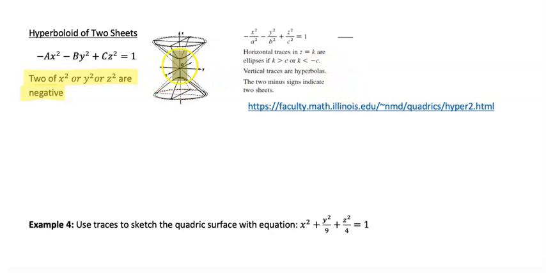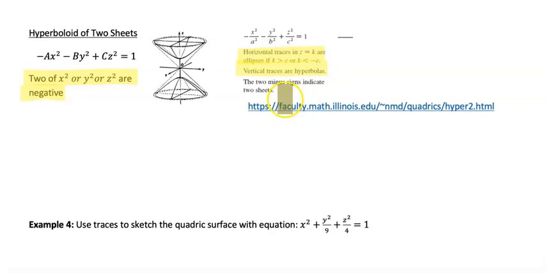That just means that where these horizontal traces exist, we can see if we try to take a horizontal trace here on the xy plane, so where z is equal to 0, we wouldn't get any real space. We wouldn't get any kind of plane here. So just within this region, our horizontal traces are ellipses, and our vertical traces are hyperbolas.